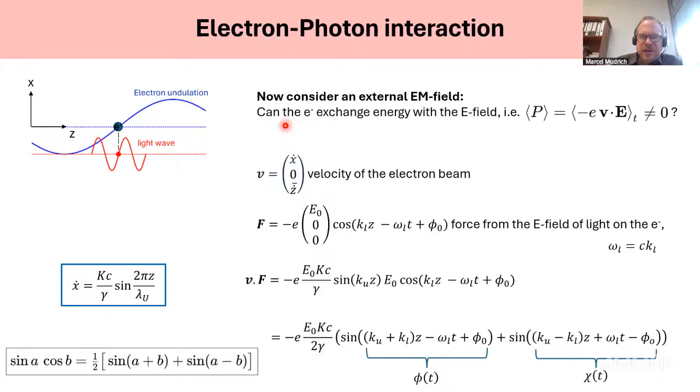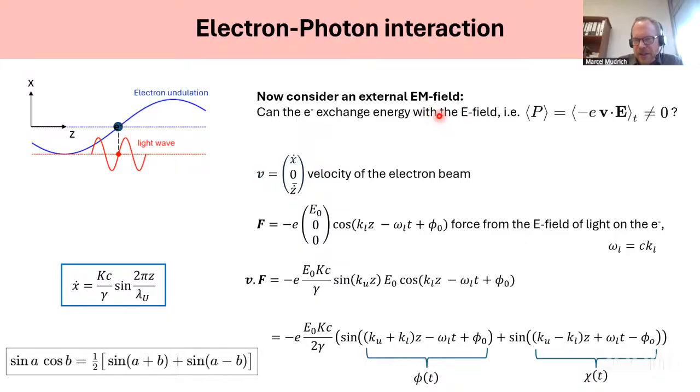And now the question is, can this light field interact somehow with the electrons and exchange energy? Can the light field accelerate or decelerate the electrons? Can there be any kind of energy exchange between the light field and the electrons?